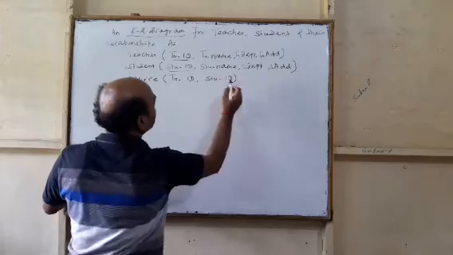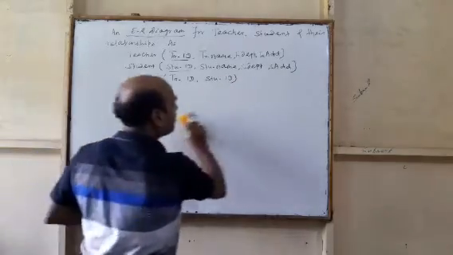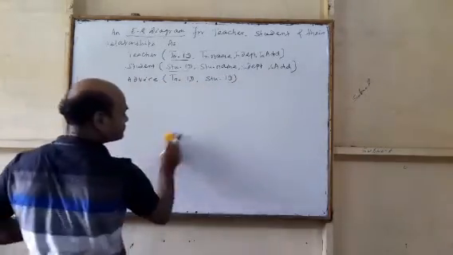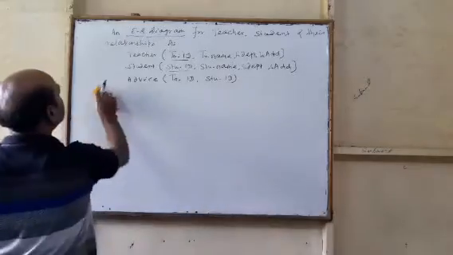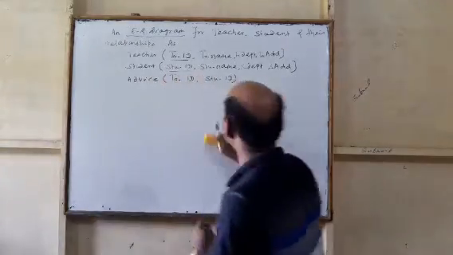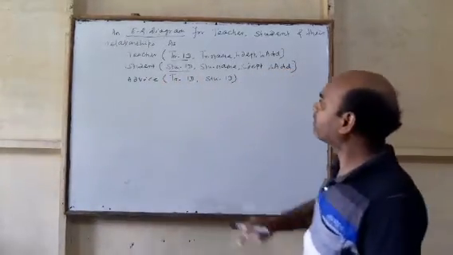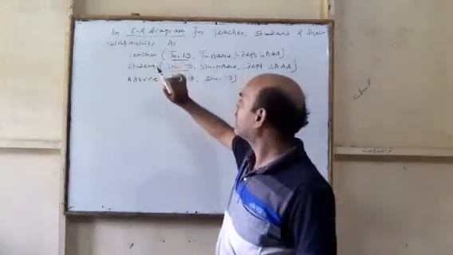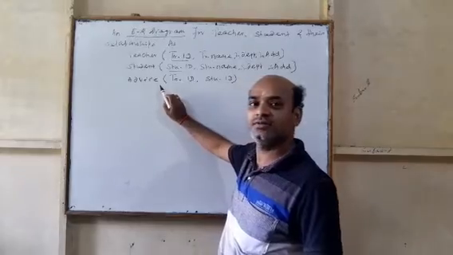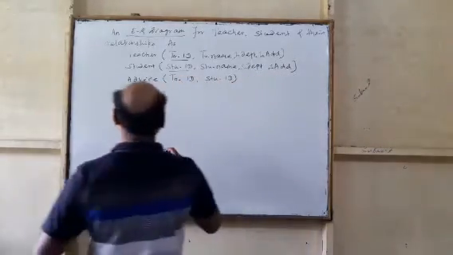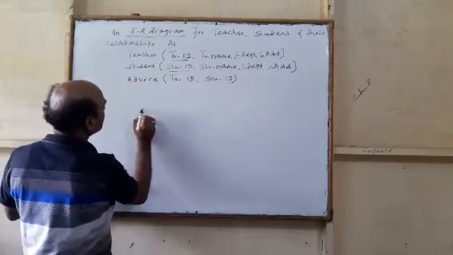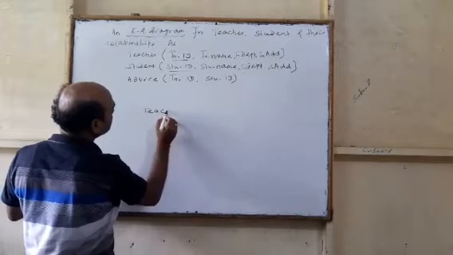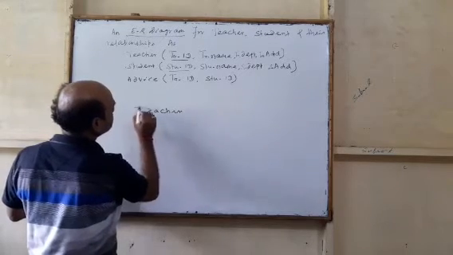Now to draw a complete diagram for this student-teacher relation: student is an entity, teacher is also an entity, and the relation is advice. So the teacher is identified by its corresponding attributes.